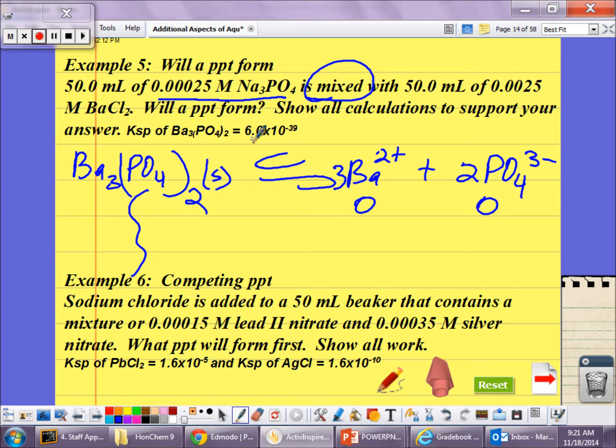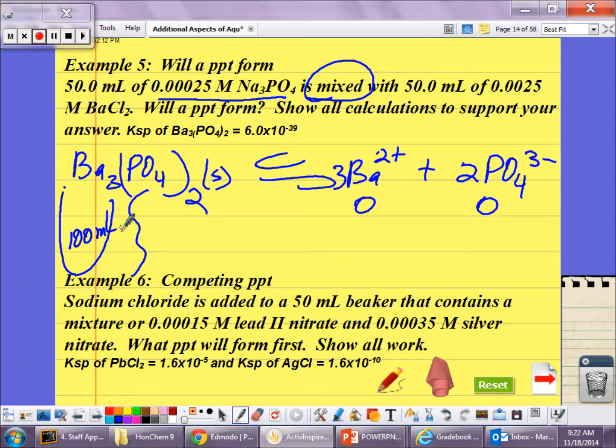I'm diluting that phosphate. I have to find a number of moles of that compound and then divide by the total volume. I'm diluting it because I'm adding 2 things in that beaker. I no longer have 50 ml, but I have 100 ml with that same number of moles of each ion.